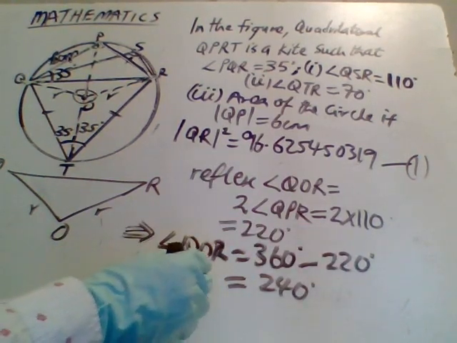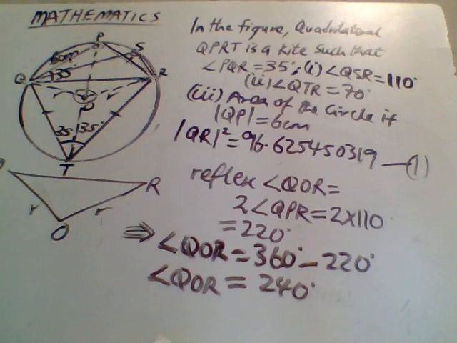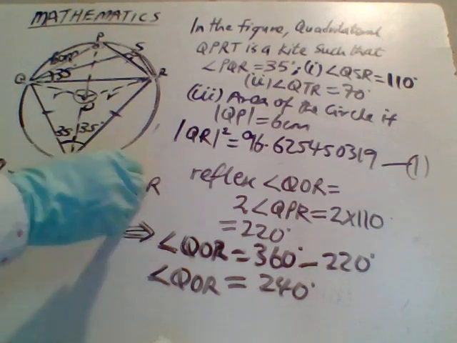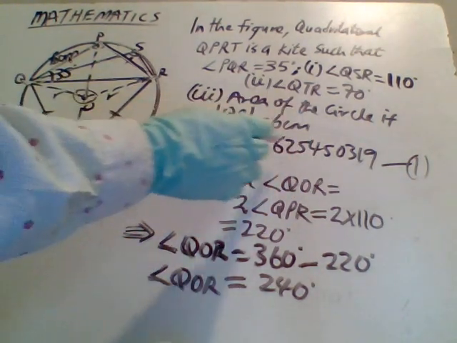So angle QOR is 240 degree. So once we have gotten that angle of this triangle, we can now find the radius. We have gotten this angle here to be 240 degree. And we know QR squared to be this.